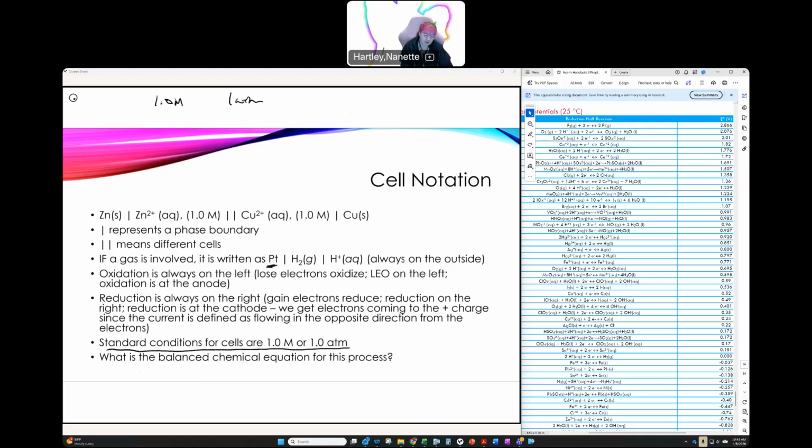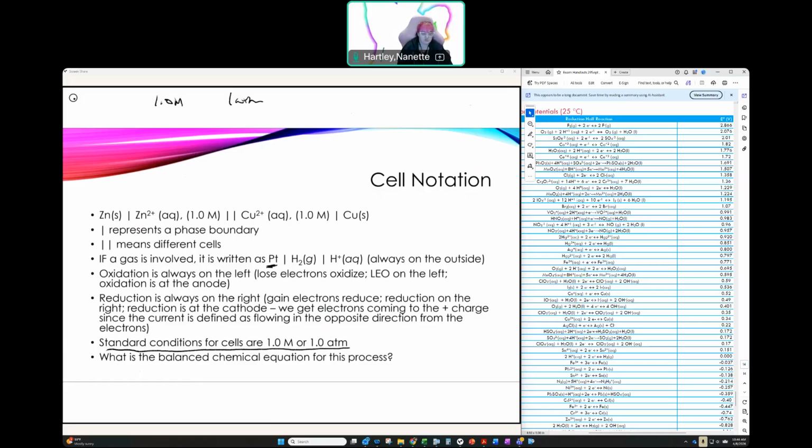And when we write that in that half cell, that goes on the outside. So we have our Pt, which is our electrode, phase boundary to the H2 gas, phase boundary to the H+ aqueous. Okay, so your inert electrode will always have a phase boundary between it and the rest of this stuff. So it's always on the outside. Now, oxidation should be on the left, reduction should be on the right.